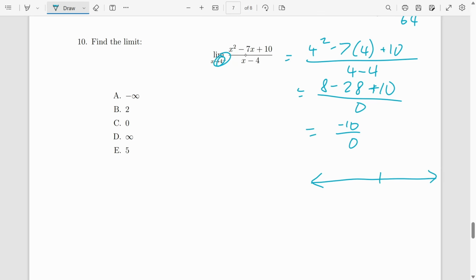We have our middle value, which is going to be 4, and then we pick two values that are right on either side of it. So we can do, let's say, 3 and 5, and then figure out just their sign, and then we can figure out if this answer is going to be positive or negative infinity.